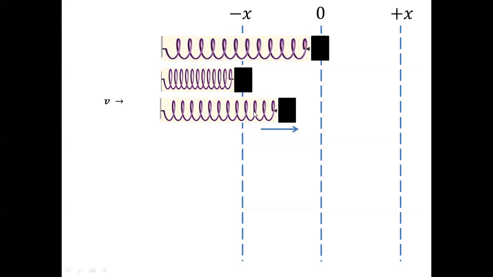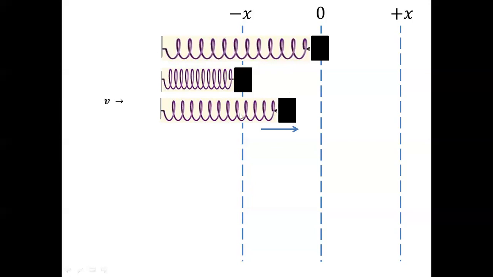Now, notice that when the object is at this position, the spring is still compressed. So that means the spring will still exert a force directed to the right, and that force is exerted onto this object.